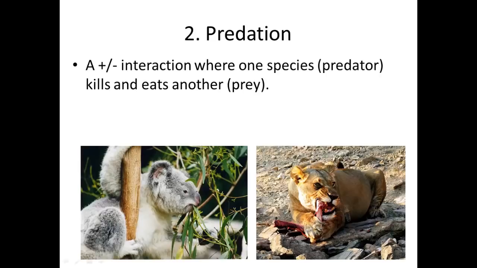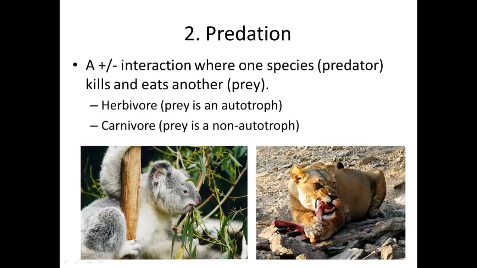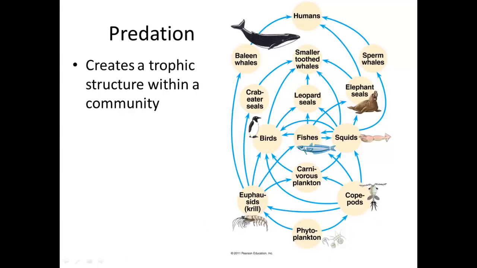All right, the second principle, predation. This is where you have one species consuming the other, right? In an herbivore, the prey is the autotroph, a plant of some sort. In a carnivore, the prey is a non-autotroph. So they don't eat plants, they eat other animals. Predation creates then among an ecosystem lots of different interactions between species, and creates this trophic structure.